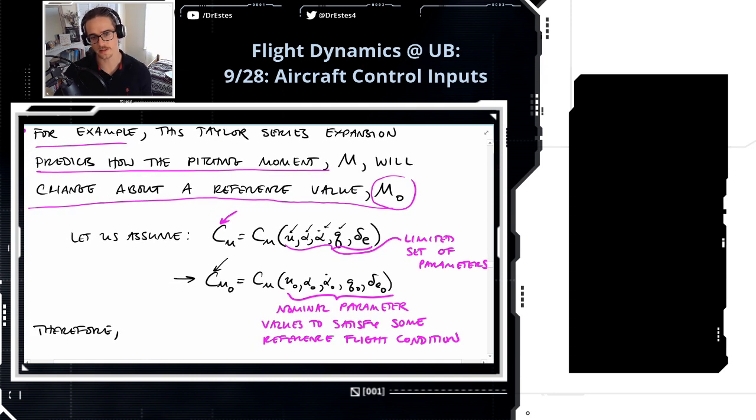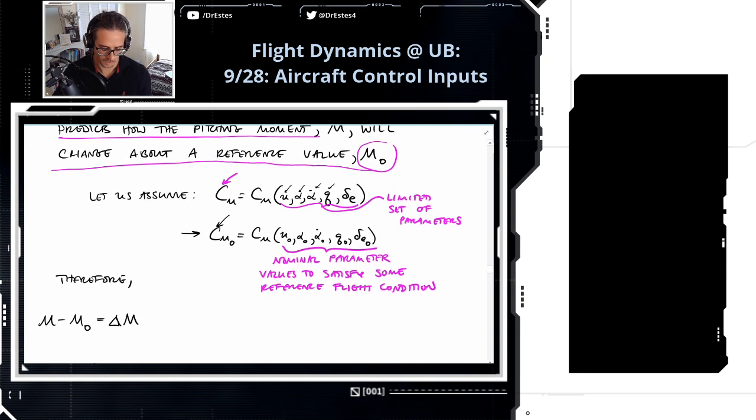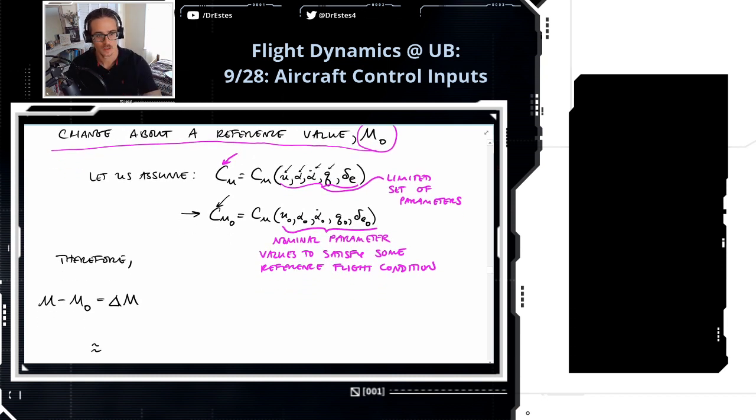But let's just assume that that's what they need to be to satisfy this reference flight condition. Okay. So this is our pitching moment. This is our nominal pitching moment for whatever reference flight condition we're looking at. And if you take the difference between the two, we call that the perturbation in the pitching moment.